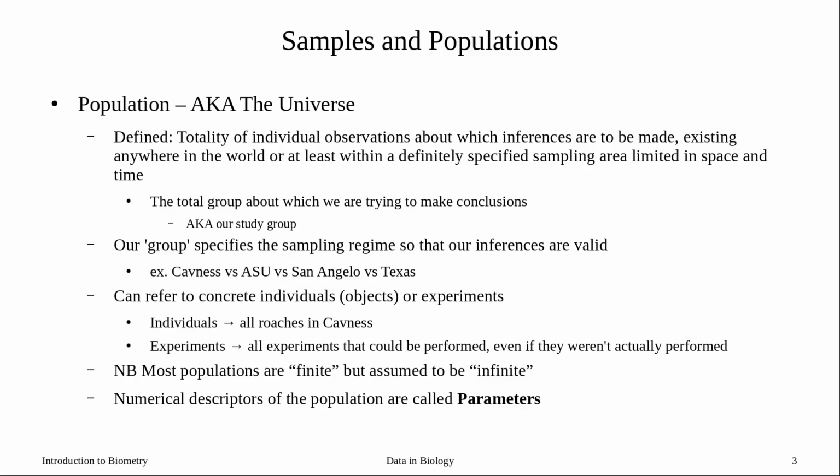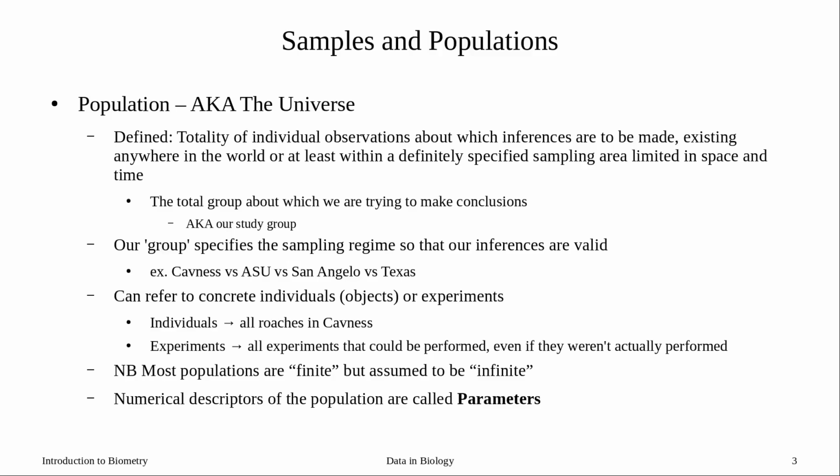Now, why is this important? Once we define our population, that leads us to the sampling protocol, because we want to generate a sample that is representative of our population of interest. We wouldn't collect roaches only from Cavness if we were interested in describing the roaches throughout Texas.